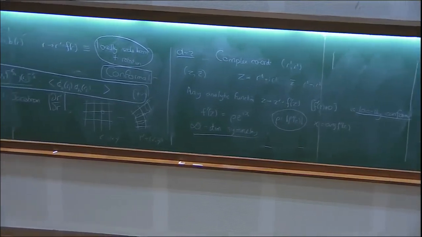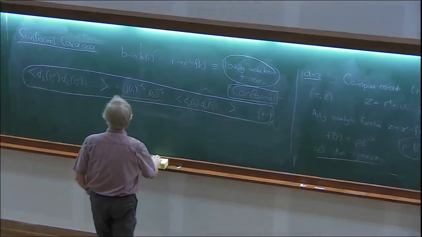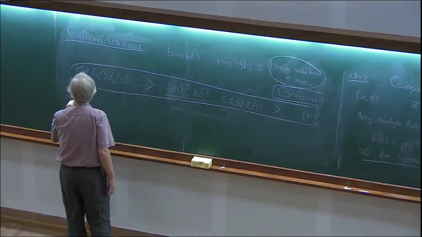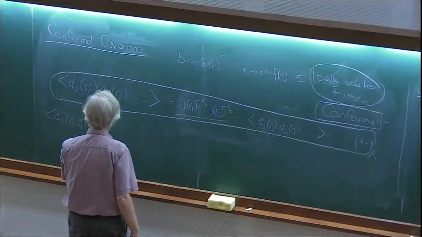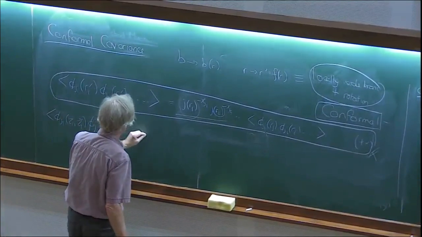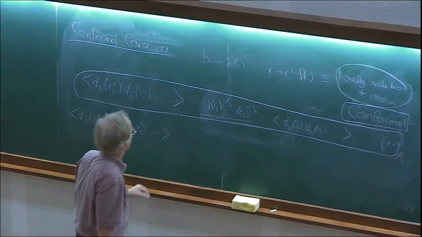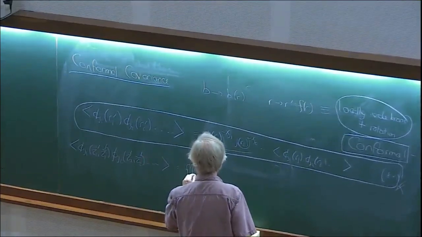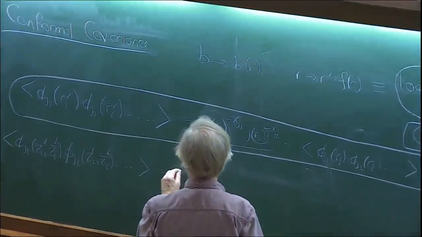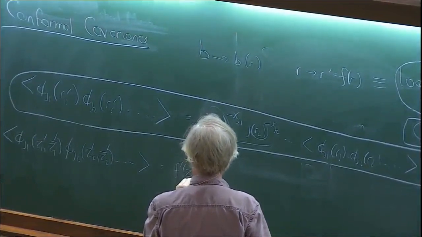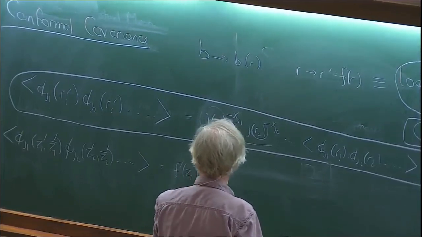So there's a generalization of this equation here, or sorry, not a generalization, but a sort of specialization, that phi j1 of z1, z1 bar, phi j2 of z2, z2 bar, and so on, with primes, is equal to 1 over f prime of z1 to the minus delta j1, f prime of z2, and so on.